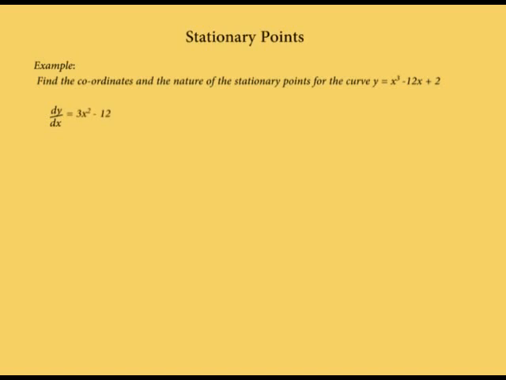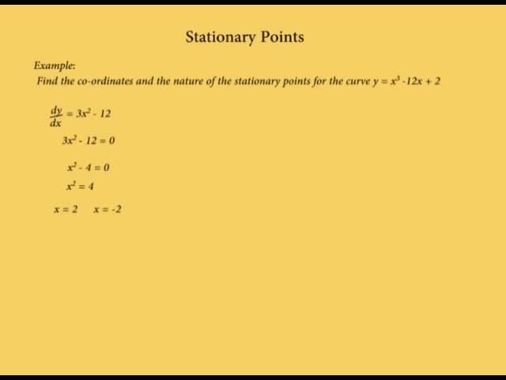At the stationary point dy over dx will be 0. So we have 3x squared minus 12 is equal to 0. We divide everything by 3 and we shall get x squared minus 4 is equal to 0. x squared is 4 and x is plus or minus 2. So we have two stationary points. x is equal to 2 and x is equal to minus 2.